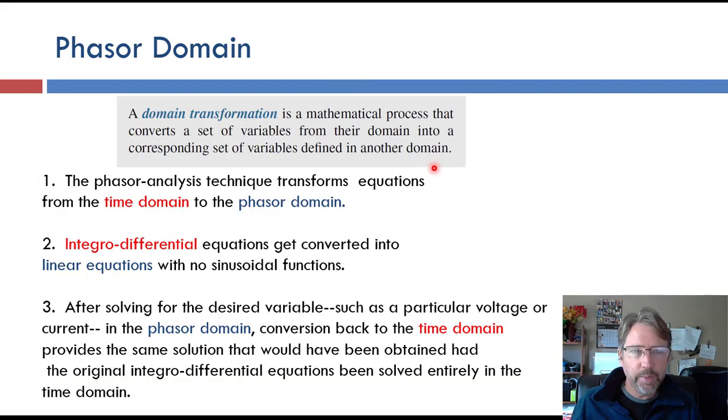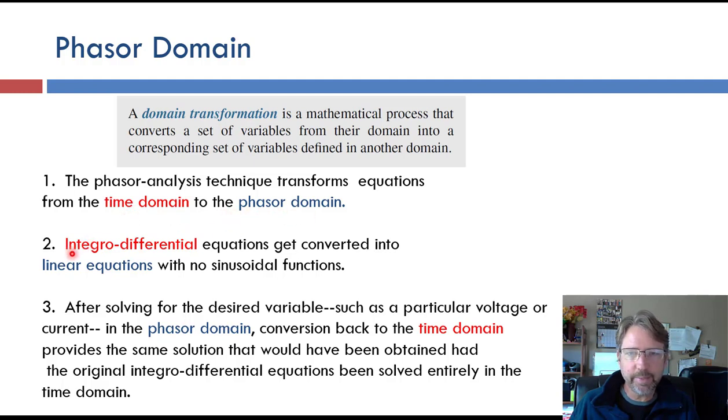So the reason we do phasor math here is it's a math trick that keeps us from having to do differential equations. That's the main reason we like it. So it's a domain transformation. So we take an equation and transform it into a different kind of math equation that's easier to solve. So the phasor technique takes us from the time domain to the phasor domain.